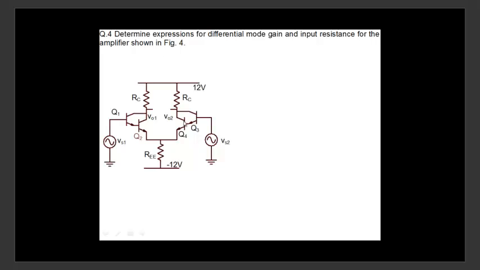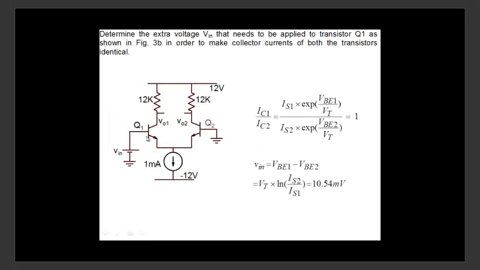So the differential mode circuit is. First thing, note the collector current of Q2. Can we calculate it? Yes.